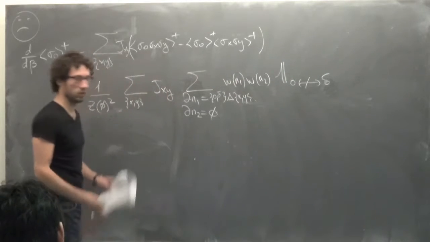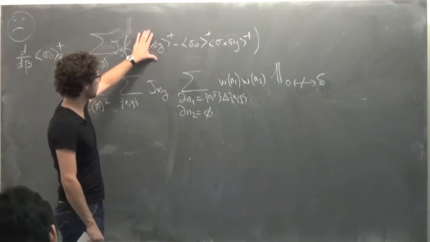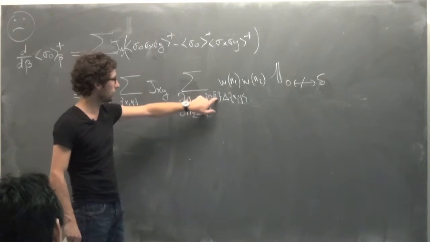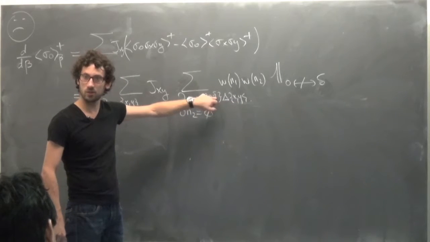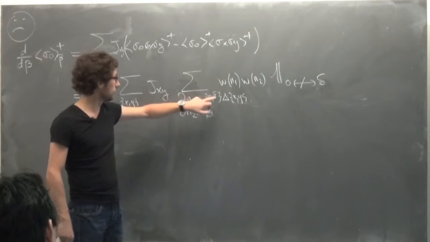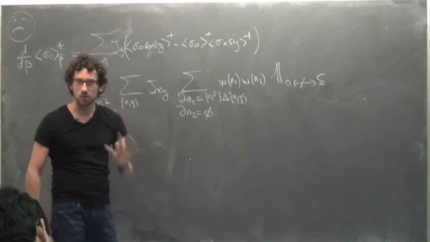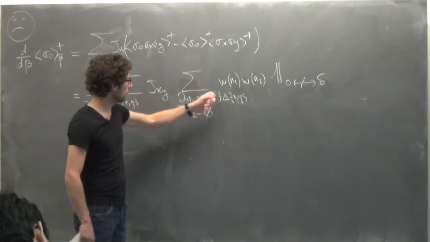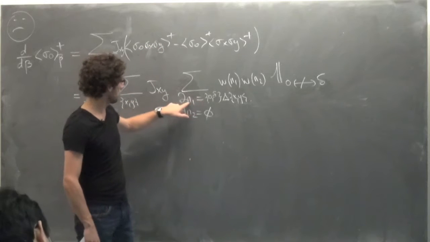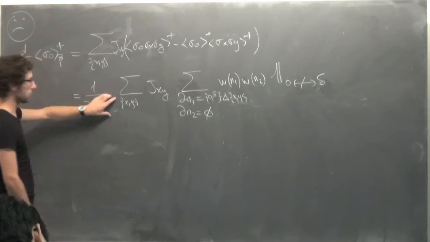Let me just recall one last time how I do that. Remember that this is the sum of the currents with sources 0, delta, x, and y. Usually I was not putting delta in the sources, I was just looking at the sources on the graph. But here, to illustrate that delta is there, I'm going to put it. So this is exactly the sum of the currents with sources 0, delta, x, and y divided by sourceless currents.